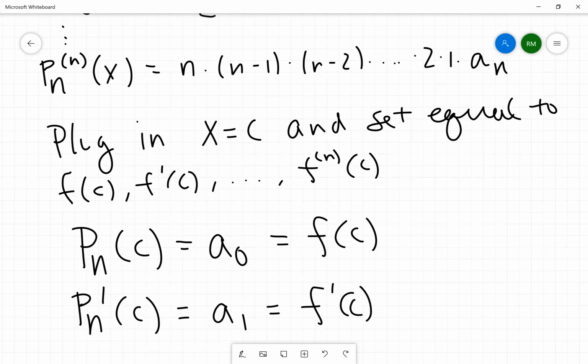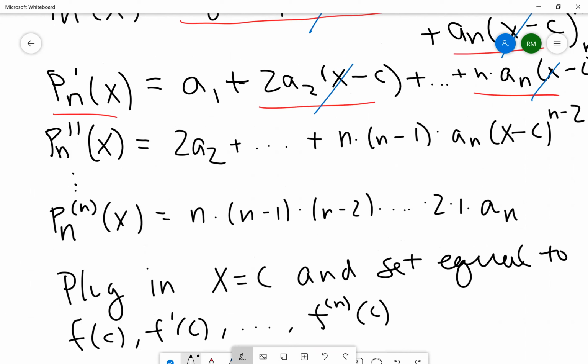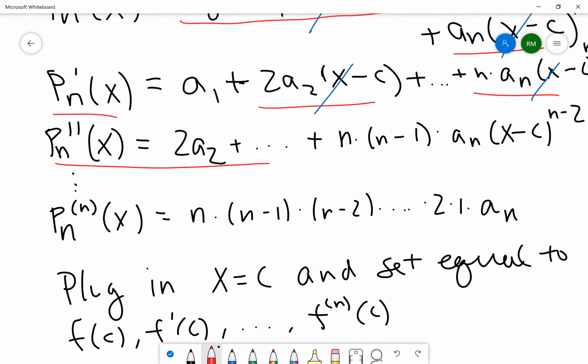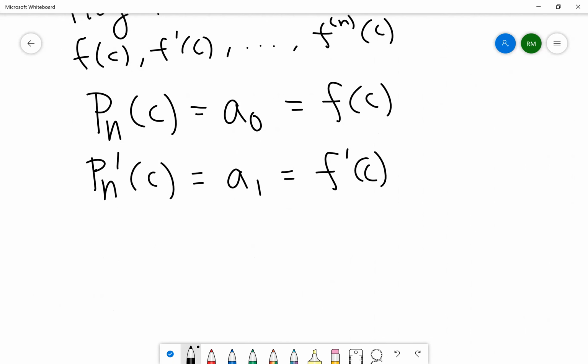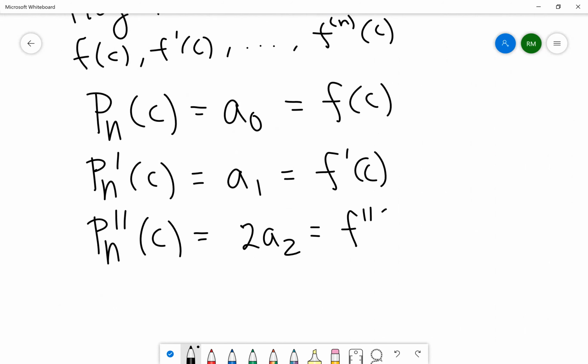We'll do one more before I show you the pattern. Let's plug in c again here. Everything is going to cancel out except for that constant term at the beginning. So when I take the second derivative of my polynomial and plug in c, it's equal to 2 times a2, which is the second derivative.